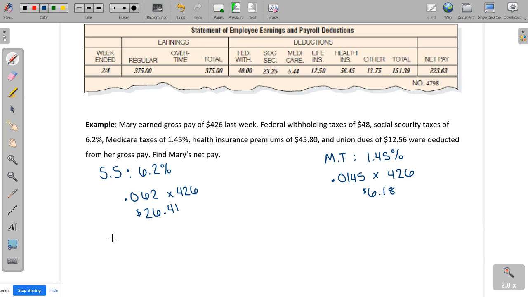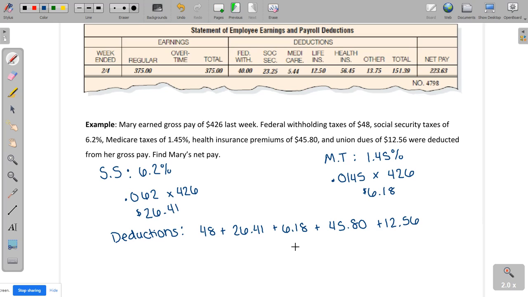Now we need to find the total amount of deductions. So we're going to take our withholding tax of $48, our Social Security tax, which is now $26.41, our Medicare tax of $6.18, our insurance is $45.80, and the union dues, $12.56.